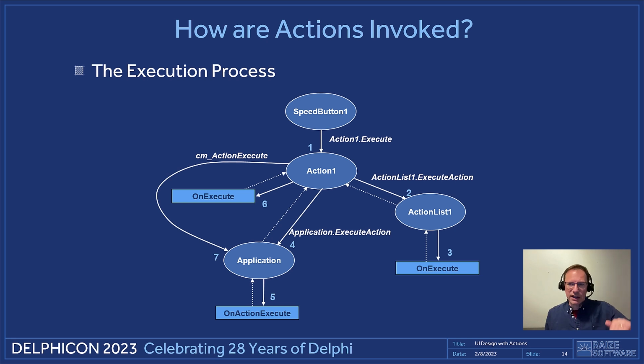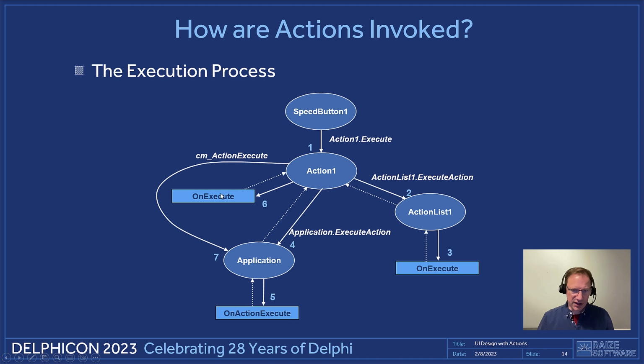This is really only valuable if you were wanting to intercept the actions that were being called and possibly log it or do some sort of statistics on it. That might be an interesting place to hook into it, because you could do it at the application level and every action would funnel through there. Again, I would not put the actual code in each of those, but that is available. Control goes back to the action.